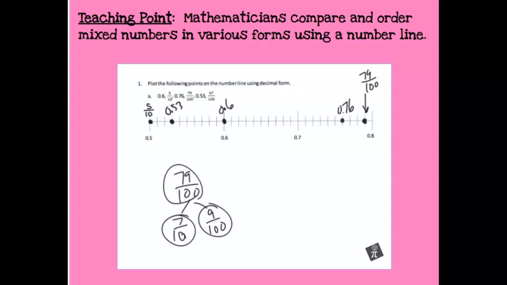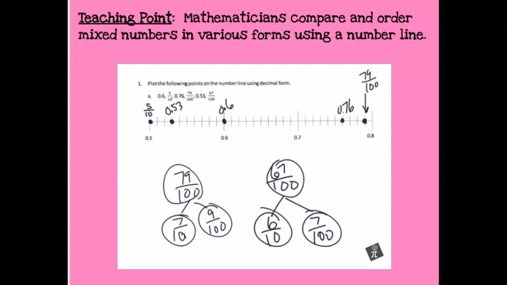0.53. And then lastly, 67 hundredths. Remember, you could use a number bond and make that 6/10 plus 7 hundredths. So 6/10 plus an extra 7 hundredths.